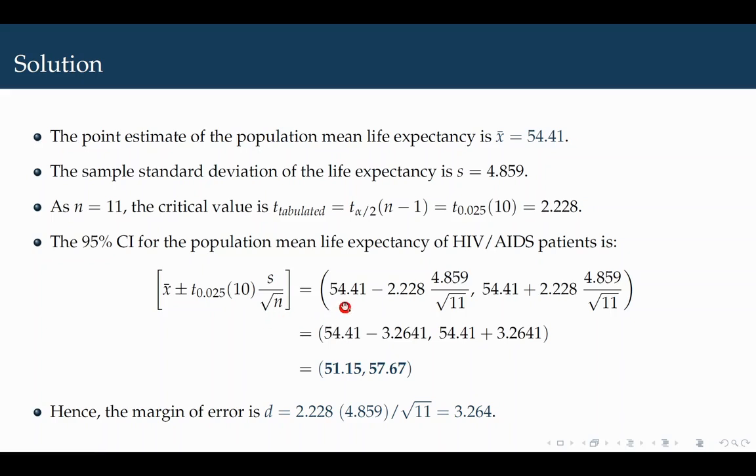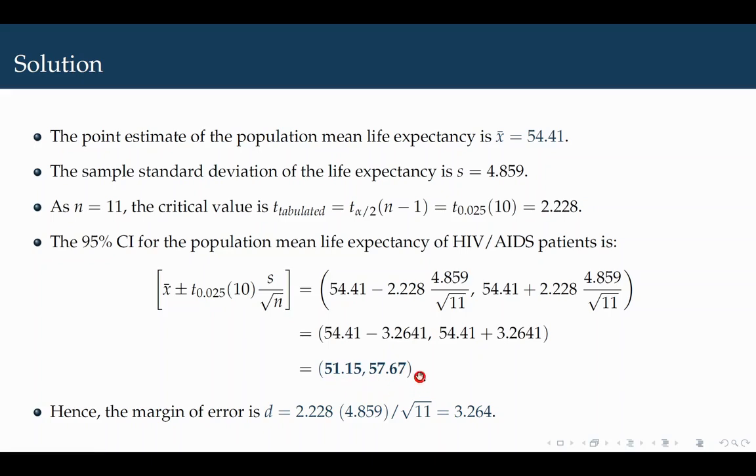So this becomes 54.41 minus 2.228 times 4.859 divided by root of 11. And for the upper bound, the minus symbol is replaced by the plus symbol. Finally, the lower bound becomes 51.15 and the upper bound becomes 57.67.